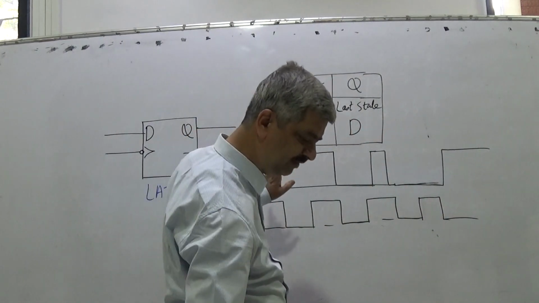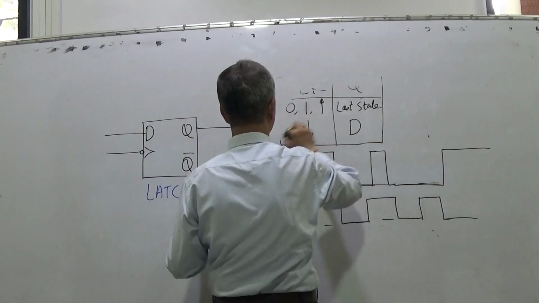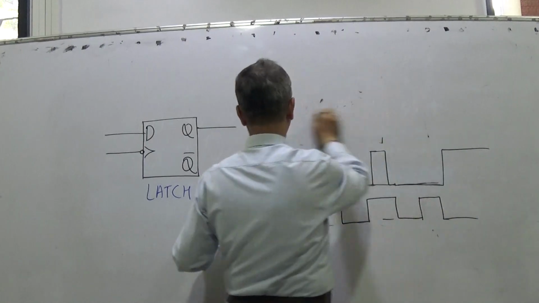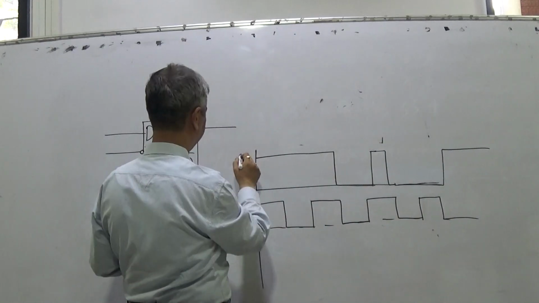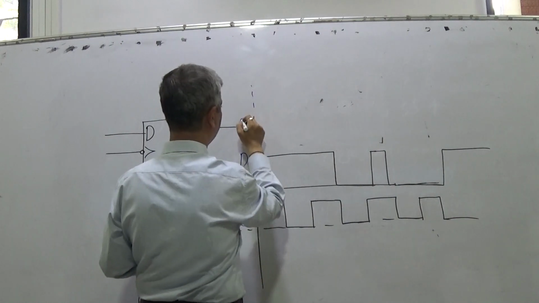Initially D we don't know. I am drawing the output at the top. So this is D, this is CLK, and here I am plotting Q.